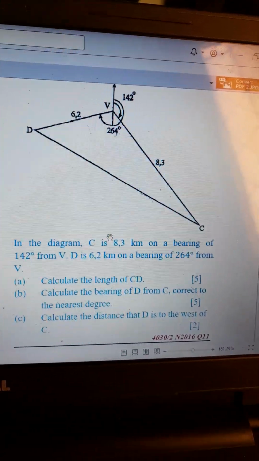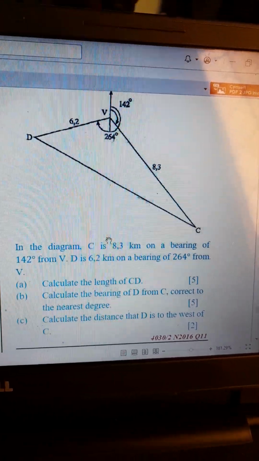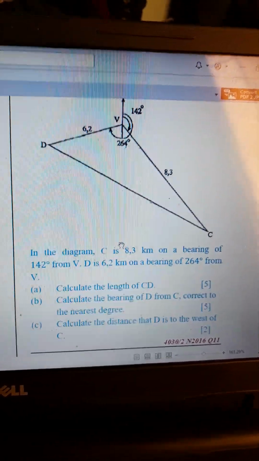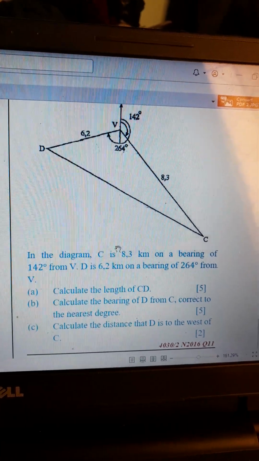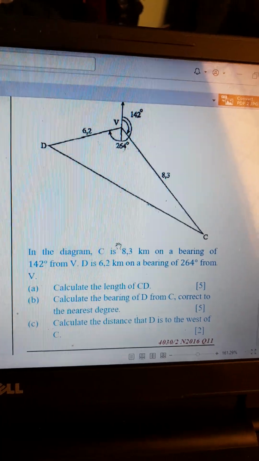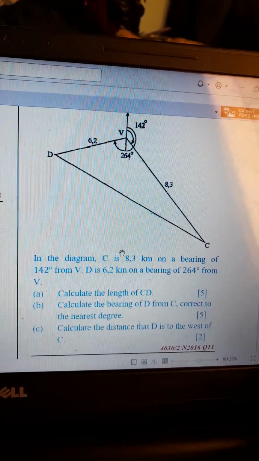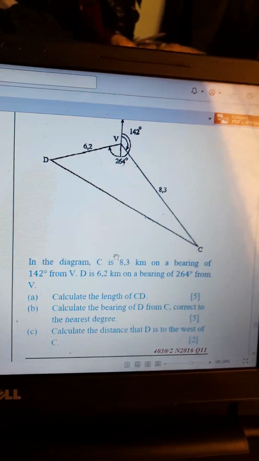I shall clarify all the areas which make this question a bit difficult, because this question involves a bearing. So fine, let me work it out.